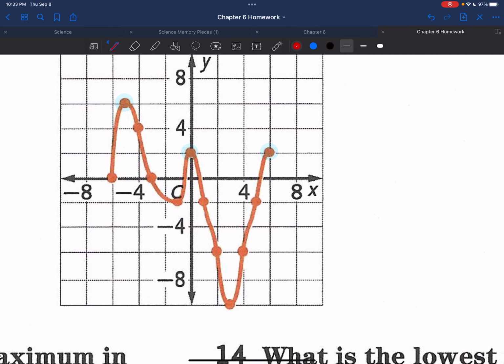So let me label those points. This one is at negative 5, 6. This one is at 0, positive 2, and this one is at 6, 1.